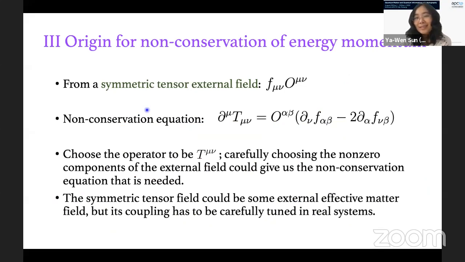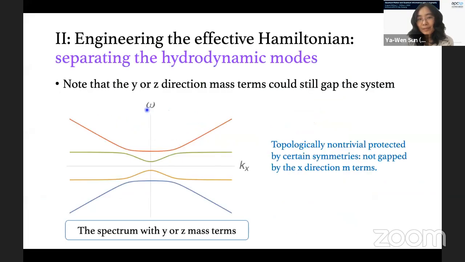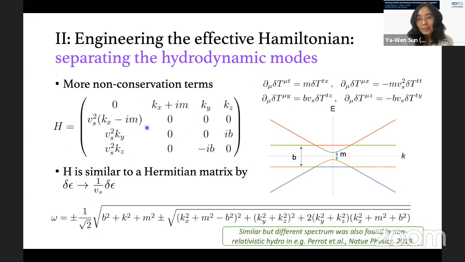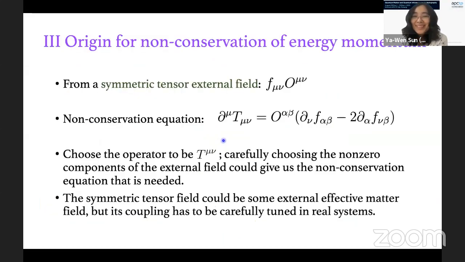And then the next question is, this modification to this effective Hamiltonian looks quite weird and artificial. So how could these terms arise? It's very similar to what we have for momentum dissipation.